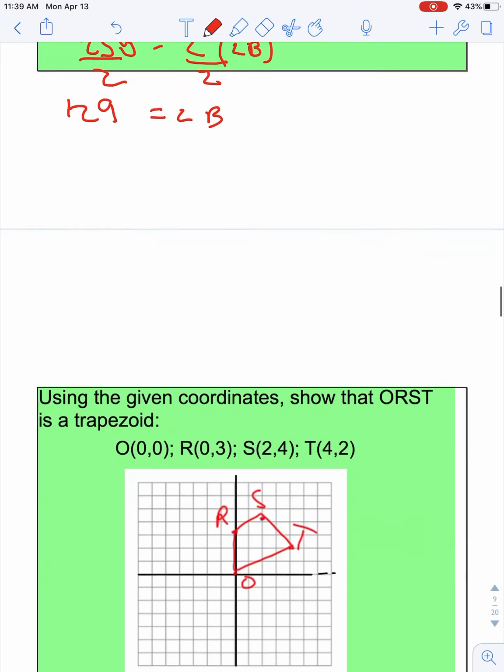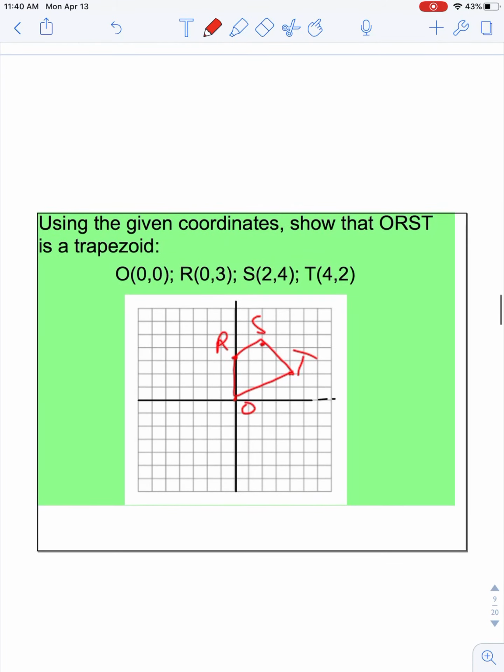Okay, last question here. I plotted these coordinates for us already. It says, given the coordinates, show that ORST is a trapezoid. Well, if it's a trapezoid, it needs to have one pair of parallel sides. So what I need to show is that RS is parallel to OT, or I need to show that RO is parallel to ST, but I don't think that's going to be the case just from looking at it.